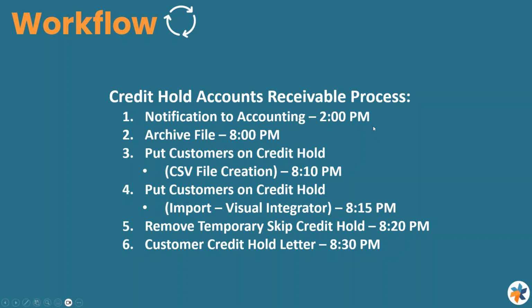As the process is on a daily occurrence, the system, Sage Alerts and Workflow, looks for any customers that have a past due or would be past due for that day. At 2 p.m. it sends a notification to the accounting department internally that, hey, these are the customers that will be put on credit hold this evening.